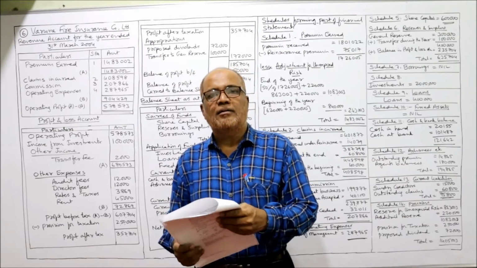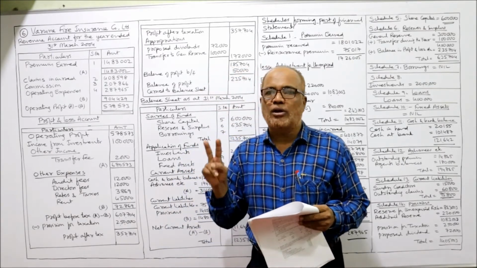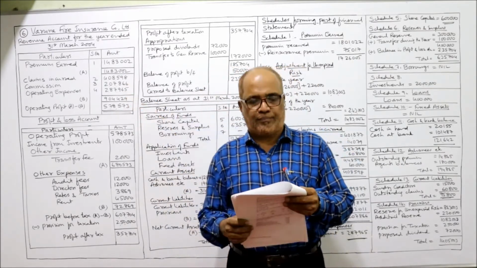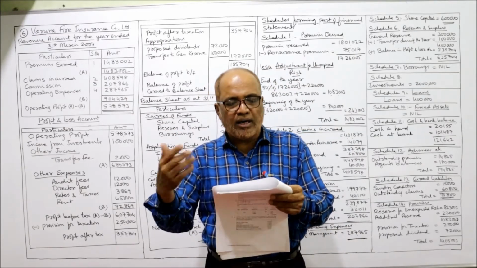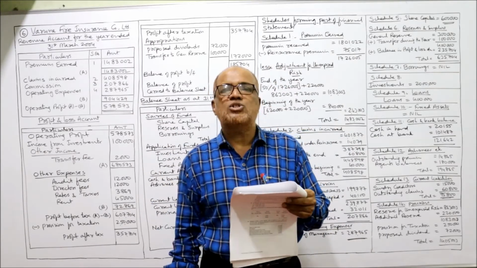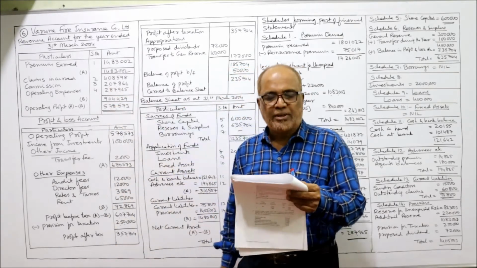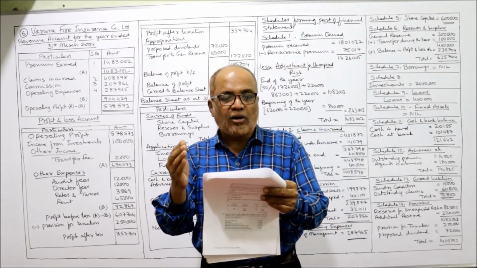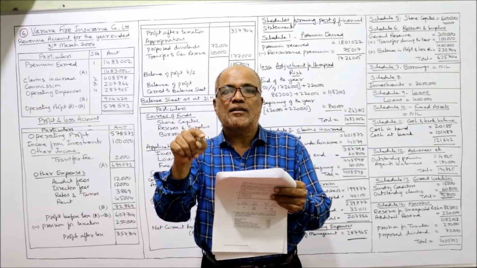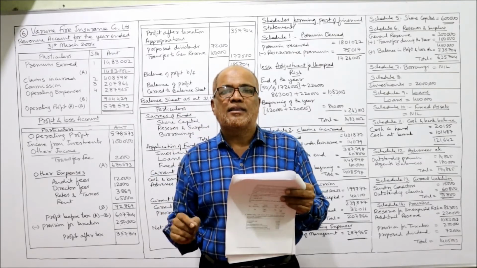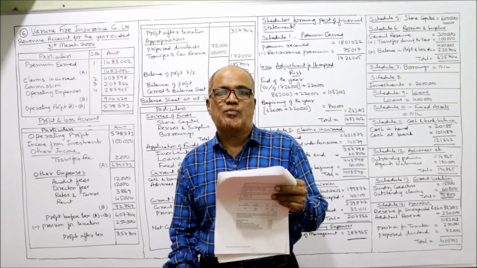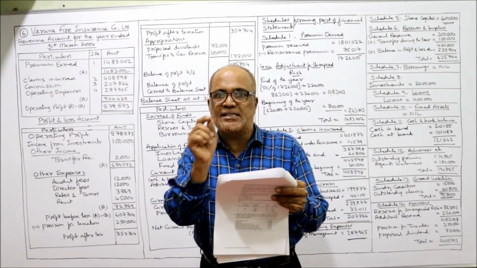Claims paid. Claims paid will be taken under schedule number 2, claims incurred. Commission on reinsurance ceded will be taken in schedule number 3. That is commission. Commission on reinsurance ceded is deducted from commission. Put a minus sign there beside ceded.